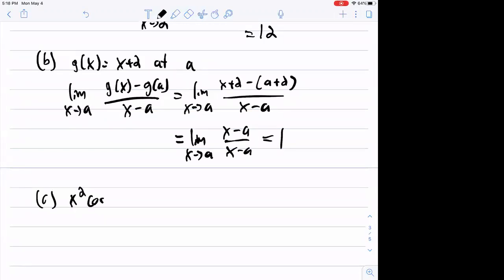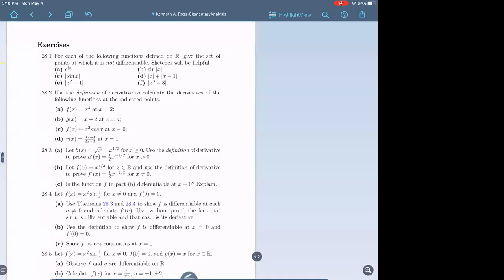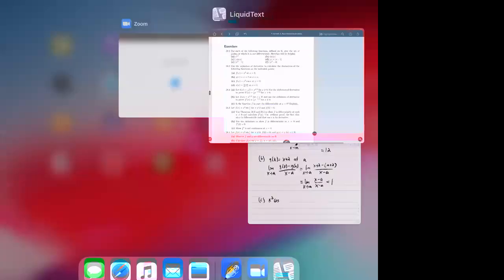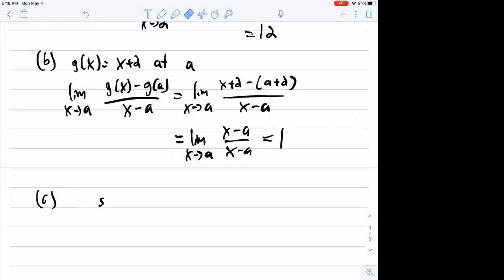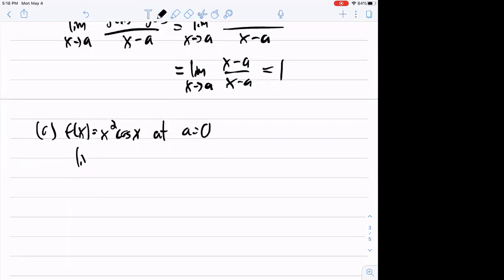And the next one, I think, is f of x, x squared cosine of x, at x equals 0. All right, a equals 0, just to not confuse x and a. So let's do limit x goes to 0. So again, it's f of x minus f of 0 over x minus 0, right?